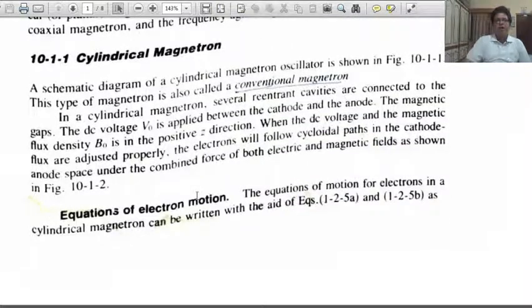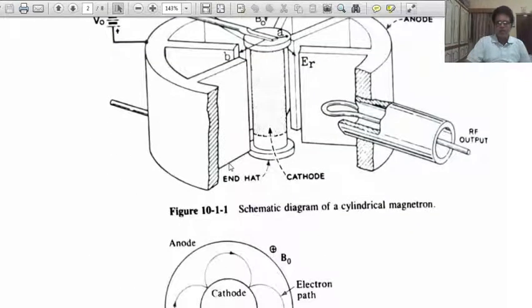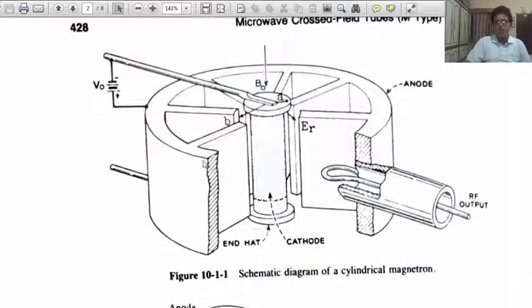A schematic diagram is shown in figure 10.1, and this kind of magnetron is also known as the conventional magnetron. In a cylindrical magnetron, several resonant cavities are connected to gaps. In a circular path, several cavities are connected.